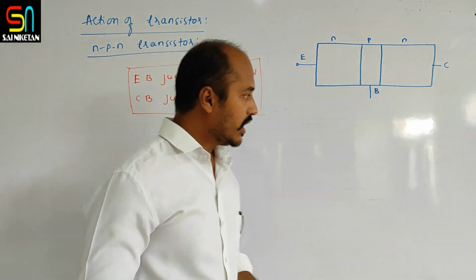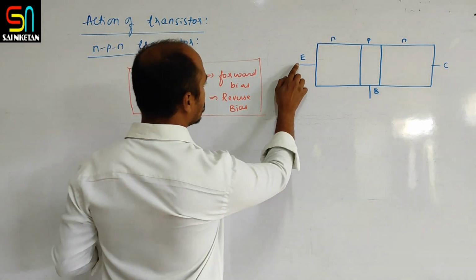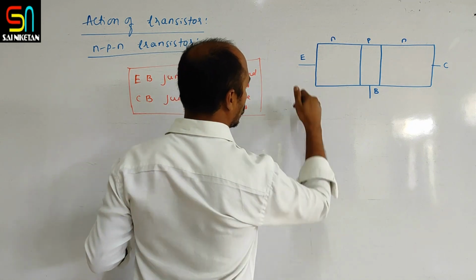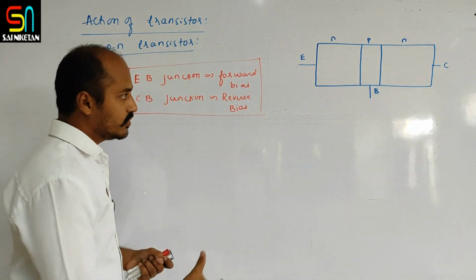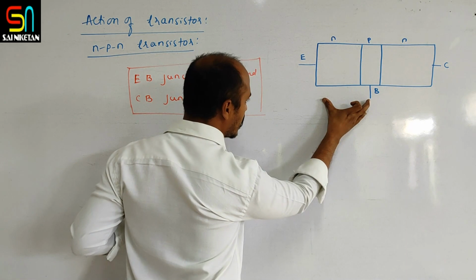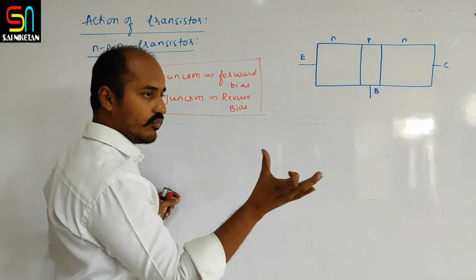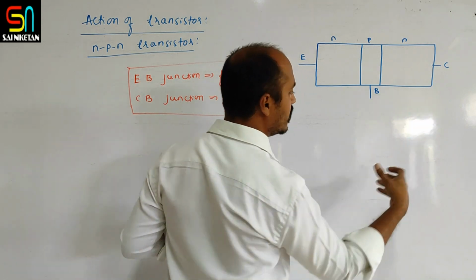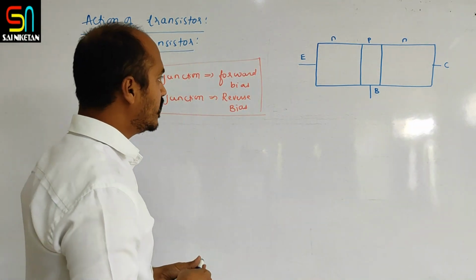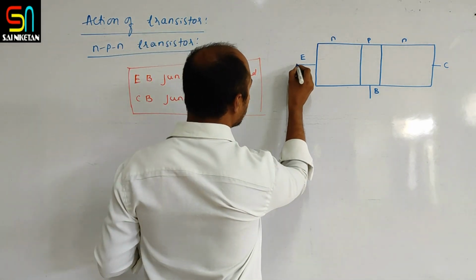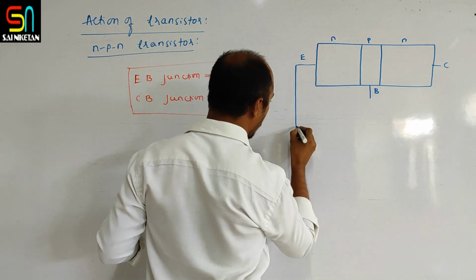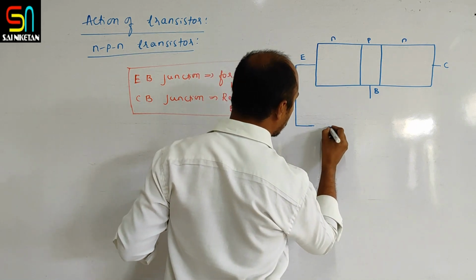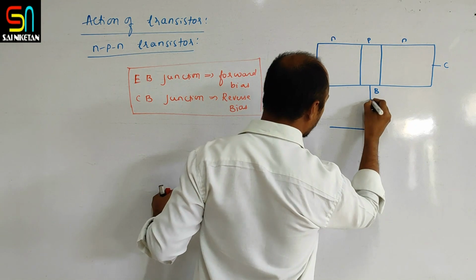So let us see how we can connect the NPN transistor. This half of the transistor must be in forward bias, and this half must be in reverse bias. For forward bias, I am drawing and just leaving a gap for the battery.